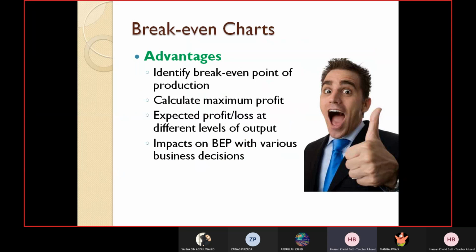Impact on BEP, break even point, with various business decisions. Okay, then helps in decision making. Yes, I told you that whether we should increase our price or reduce our cost. This I also explained to you. So both are covered now. You can think of whether to increase the price or to reduce the cost, and you can see the impact of that on the profit, on the break even level of output.